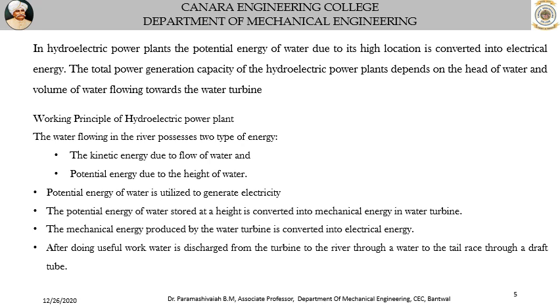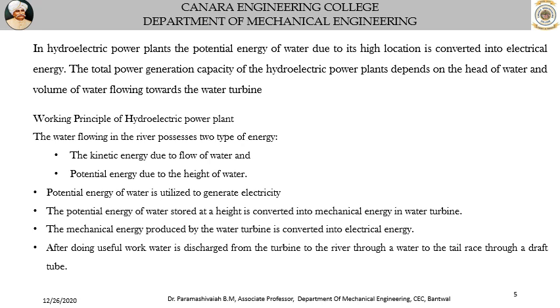As I told you in the previous slide, in hydroelectric power plants the potential energy of water due to its high location is converted into electrical energy. The total power generation capacity of hydroelectric power plants mainly depends on the head of water and the volume of water flowing towards the water turbine.